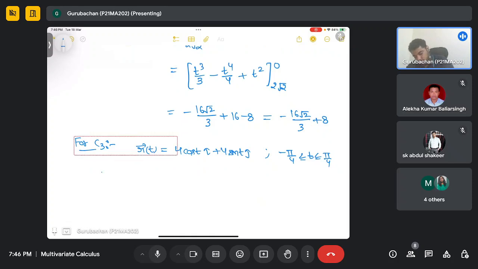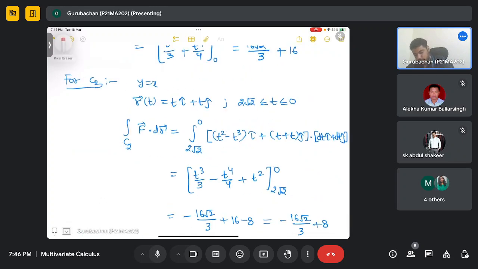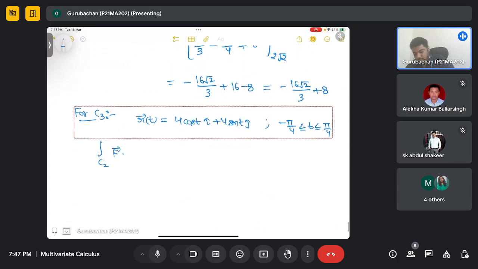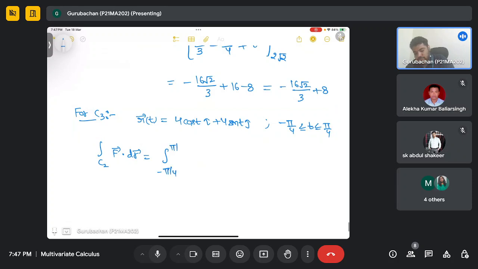Now we need to integrate F dot dr over C3, from minus pi by 4 to plus pi by 4.